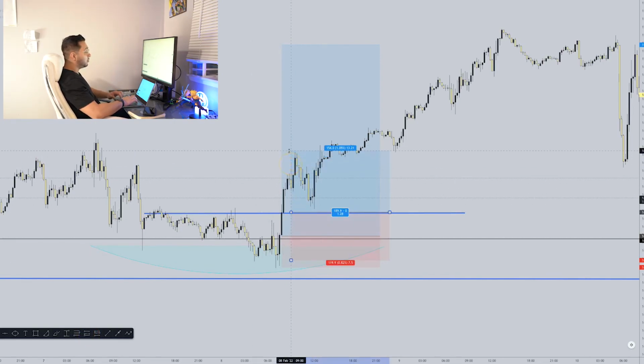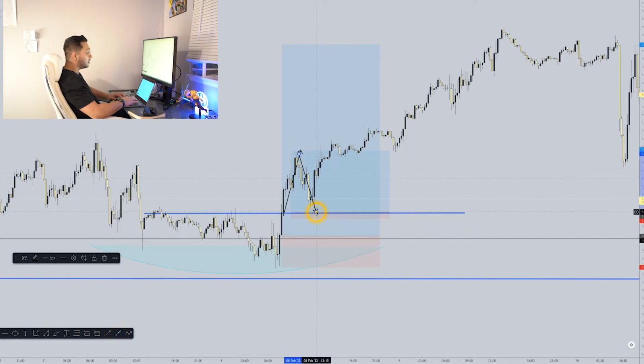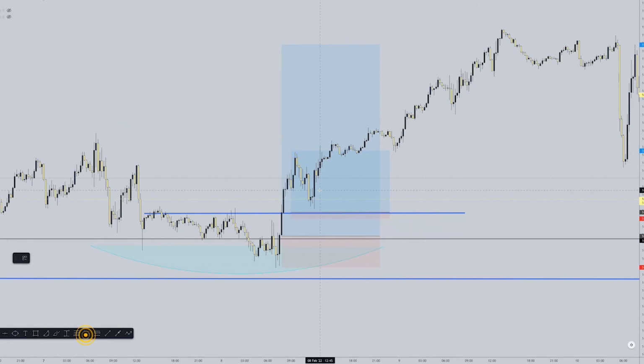Now, what you need to understand, if you're taking these breakout moves, a lot of the time it's going to have a first impulse move, go up, and then come back down to retest. Now, knowing this, you can either hold through it and understand there's a retrace, or you can get out up here on this move and enter again down here on the higher low to catch the momentum up, the next leg up, right?